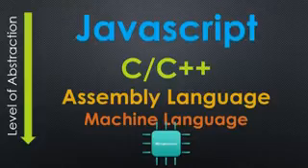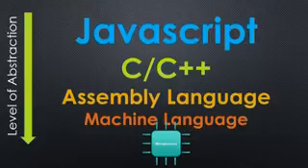And then you have very high-level programming languages like JavaScript, which are very far removed from the computer's processor. You don't deal directly with where memory is and what it's doing. You have an engine between you and the microprocessor that's taking care of all those things for you.